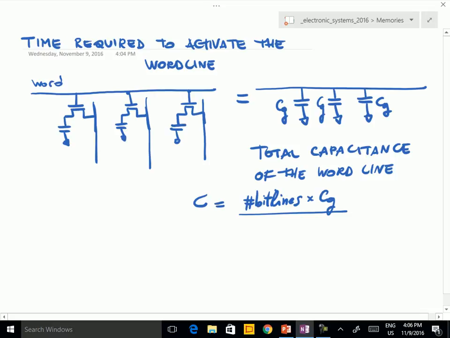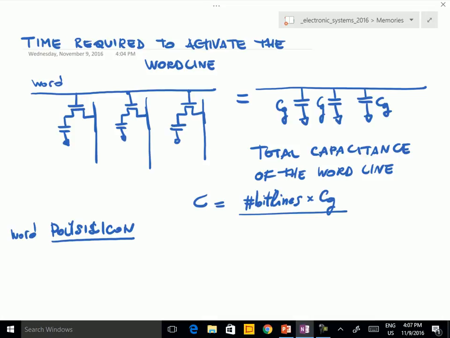And also the word line has a resistance, because typically, for technological reasons, the word line is done with polysilicon. Typically a particular type of polysilicon with a small resistance, which is called silicide polysilicon.